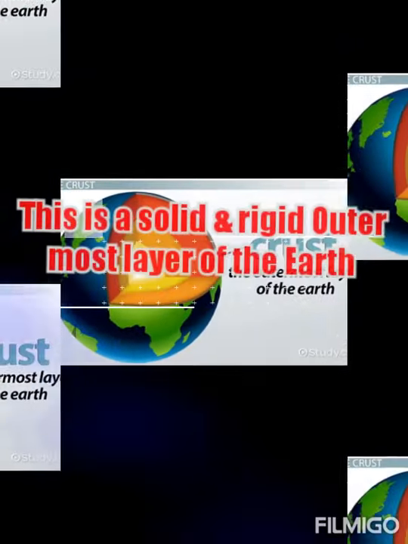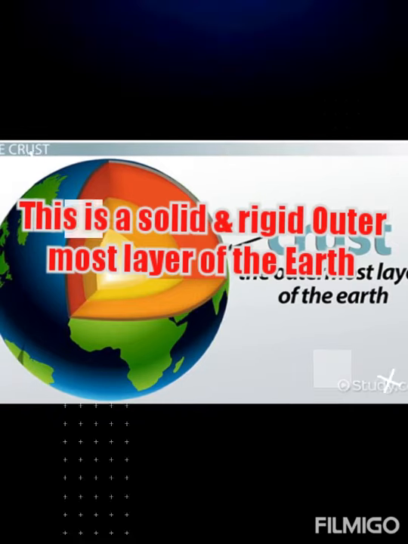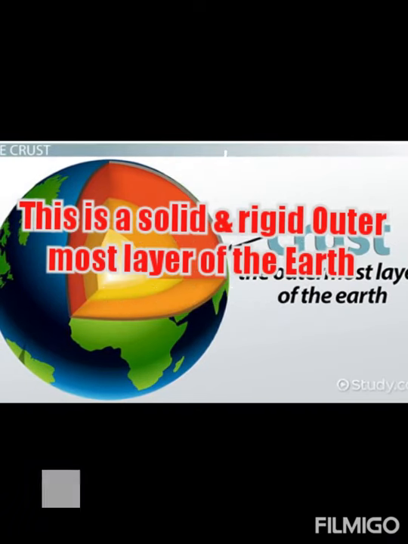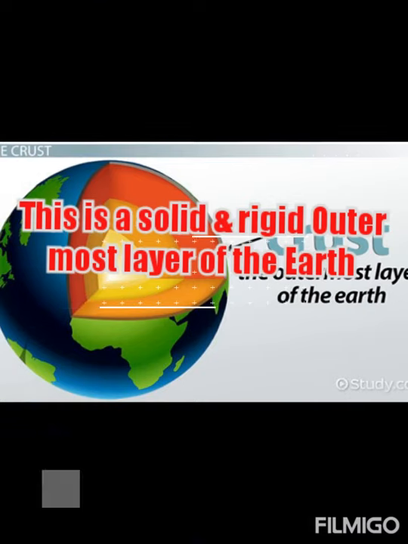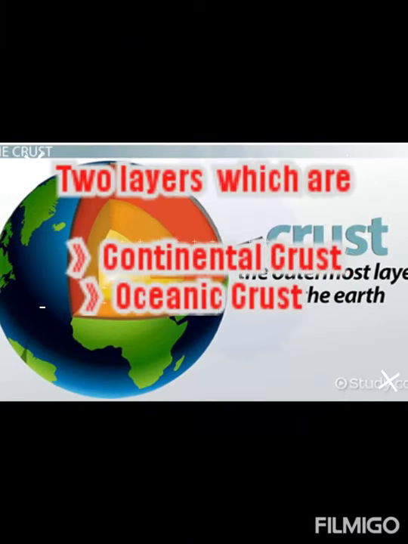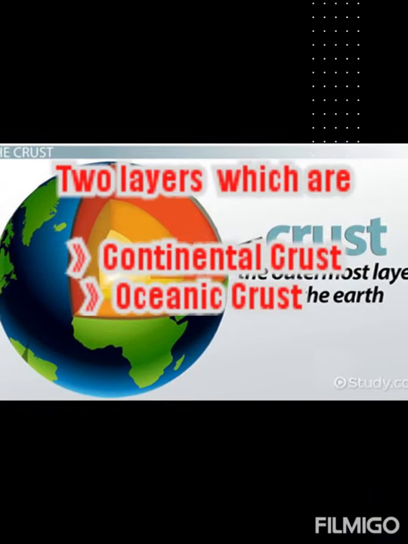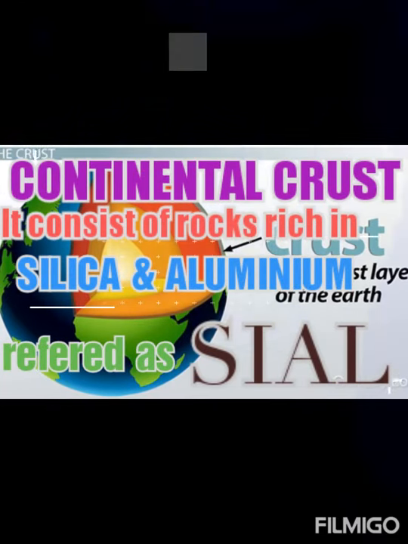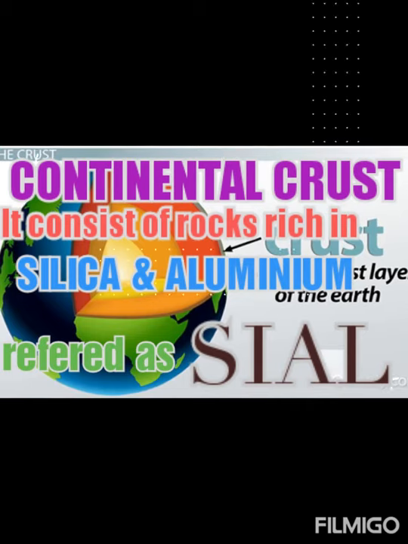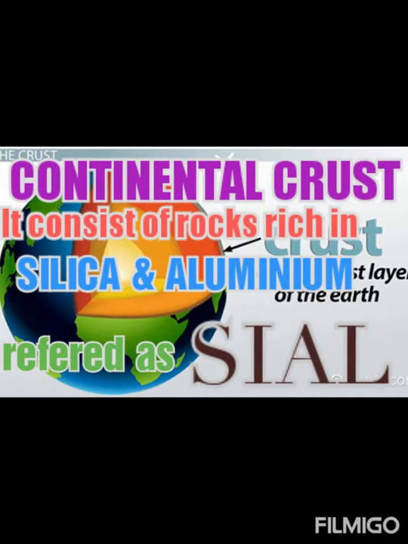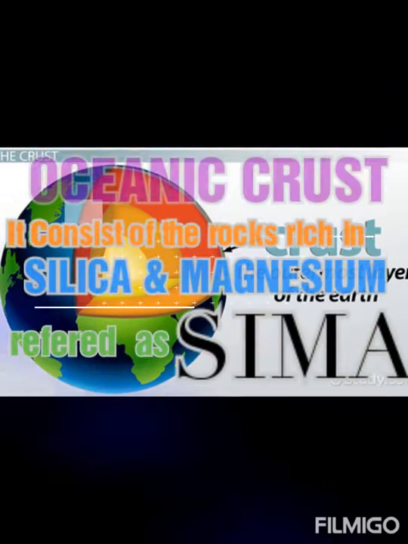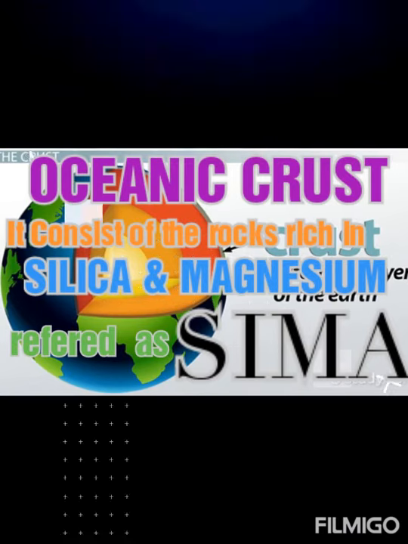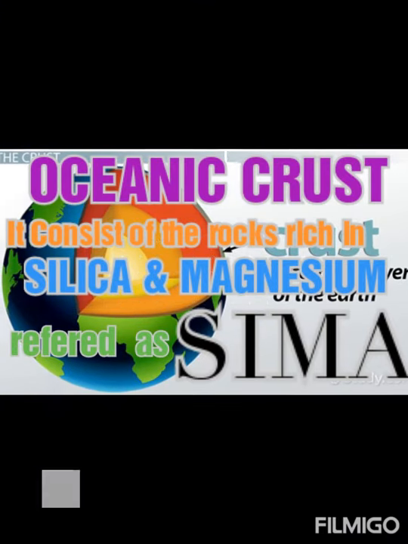Let's now look at the crust. The crust is the solid and rigid outermost layer of the Earth. It consists of two layers. The continental crust is rock which is rich in silica and aluminum. You can simply refer to this as soil. The second part is the oceanic crust.